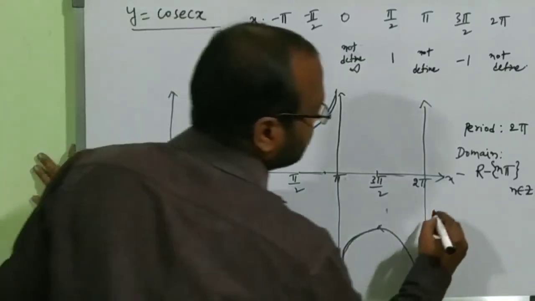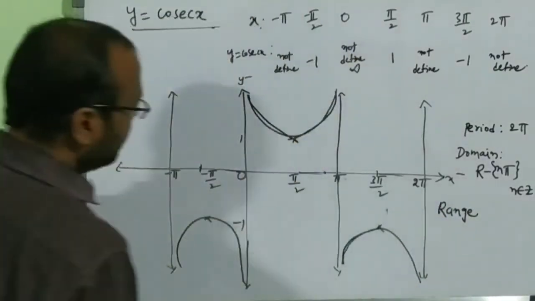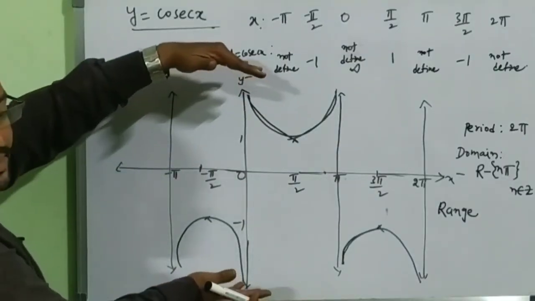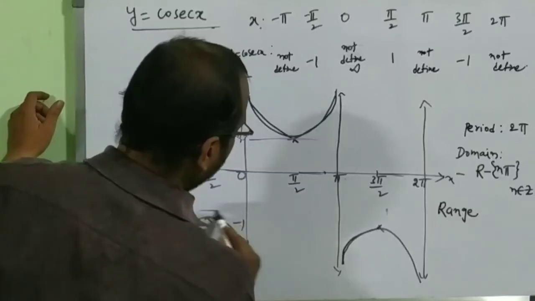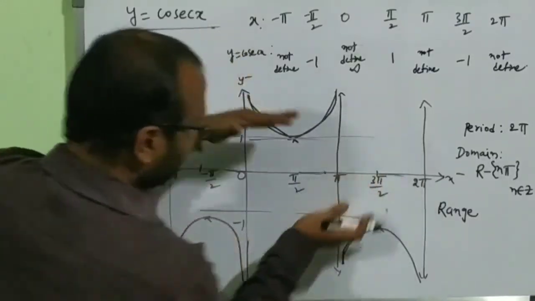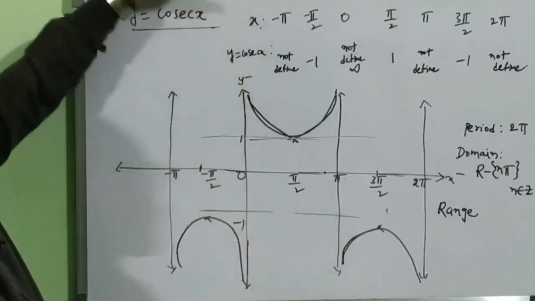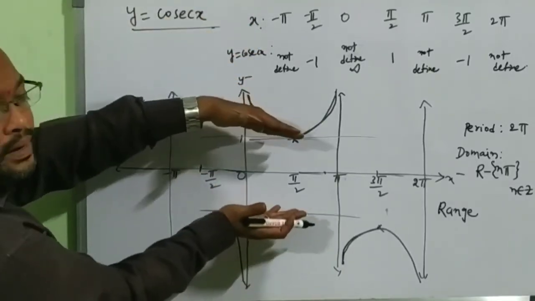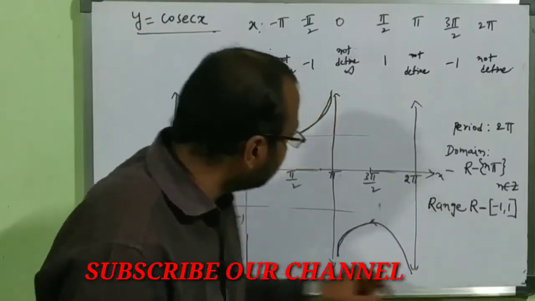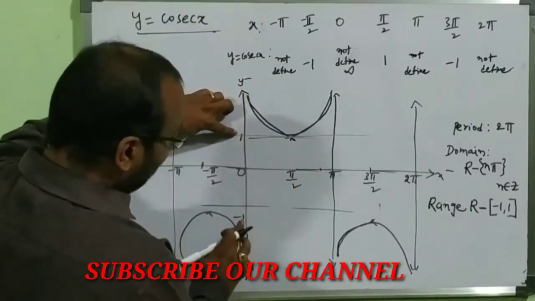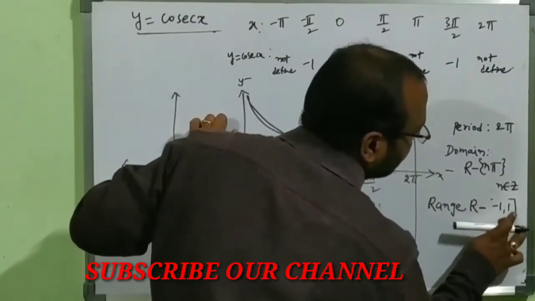Next, range. Look at here now. In the range, we are taking the y-axis. But here in this graph, from here to here, no values are there. From here to here, no values are there. The graphs are expanded outside. So just we have to remove this part. So the range. Once you observe, range is R minus. Here 1 and minus 1 is considered in this interval. That's why we have to take open interval. Okay.